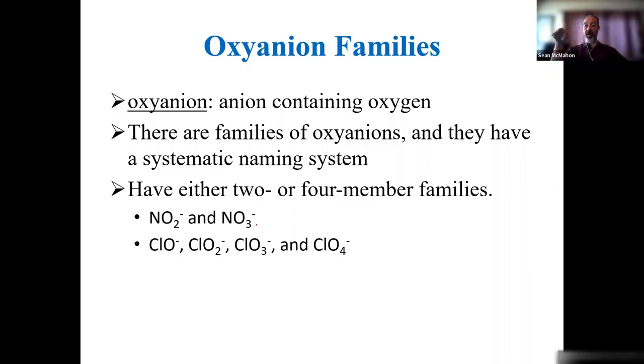Or you have the 4-member families, where there are 4 oxyanions with different ratios of oxygen to the nonmetal. All of these are derived from the nonmetal chlorine. So going in order from left to right: hypochlorite, chlorite, chlorate, and perchlorate.